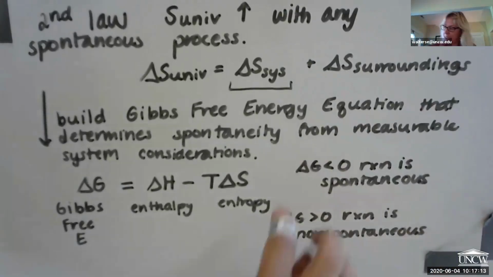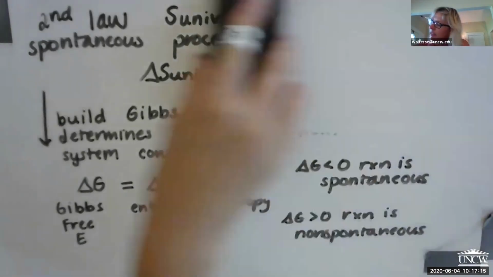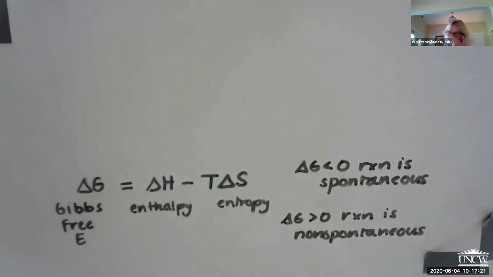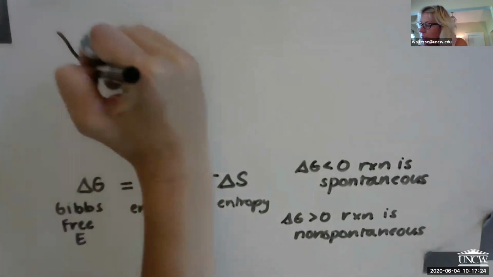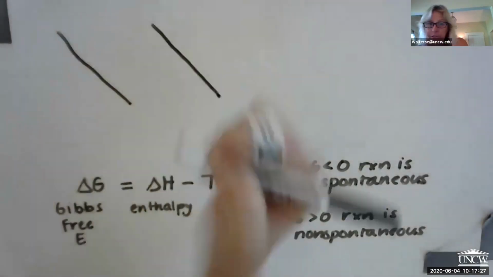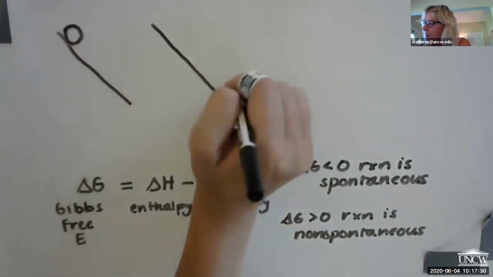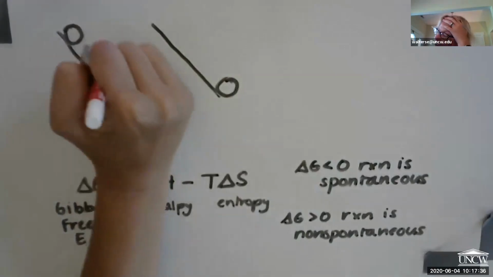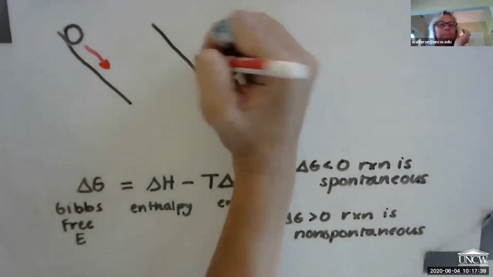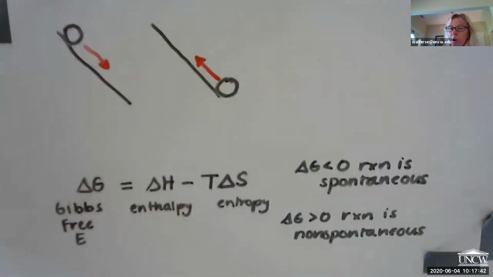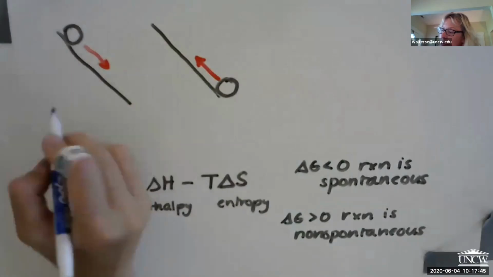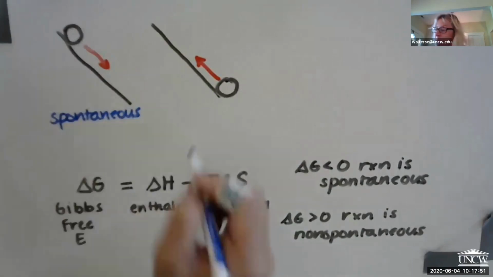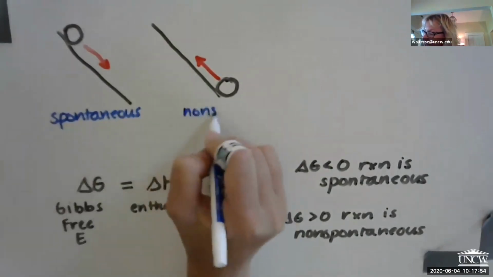Okay. So when you consider these two things, it's like saying you have a ball on a hill. So those are two hills. You have a ball at the top and a ball at the bottom. The ball can roll down or the ball can roll up. And you know from life experience that a ball will roll down a hill spontaneously. A ball will roll up the hill non-spontaneously, which just means not on its own.